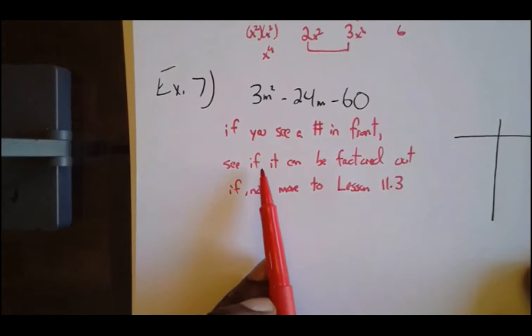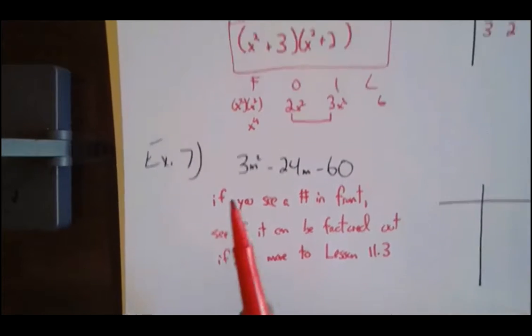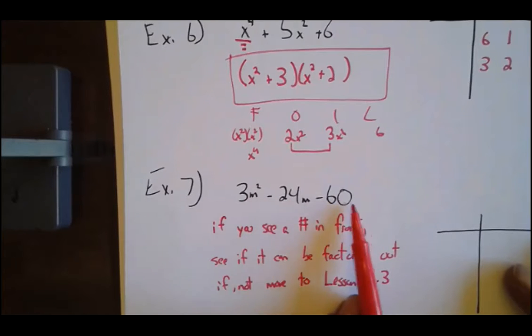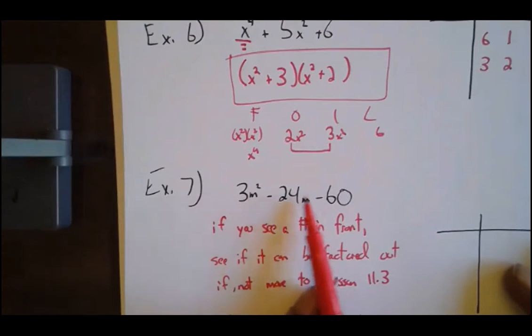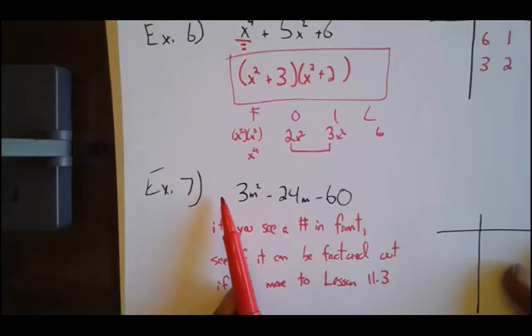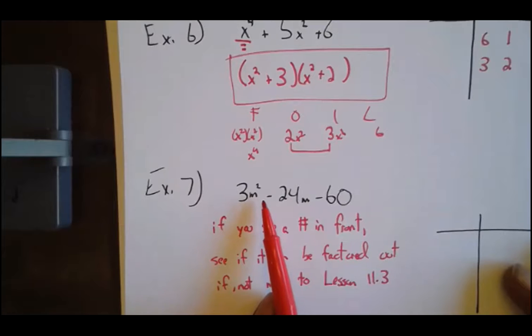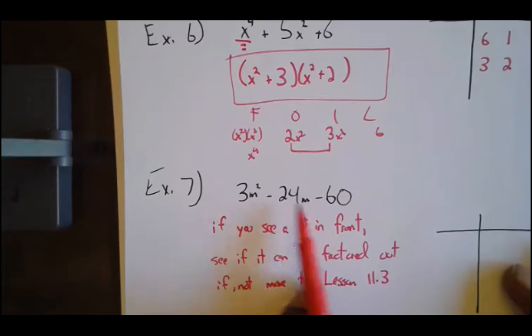In other words, if this 3 is in all of these, then we can remove it. Yes, Madeline. If the 3 cannot be removed, then there's a different way we factor it, which is called complex factoring, which is in the next lesson, which you're about to learn.